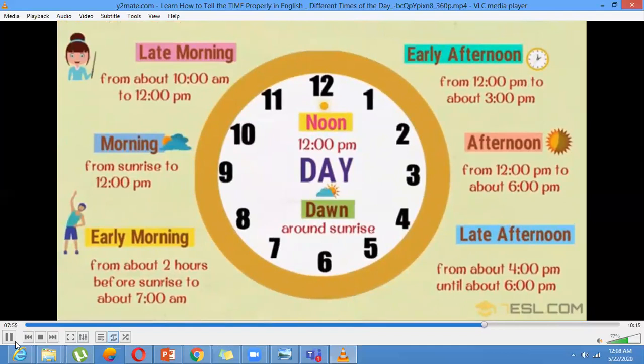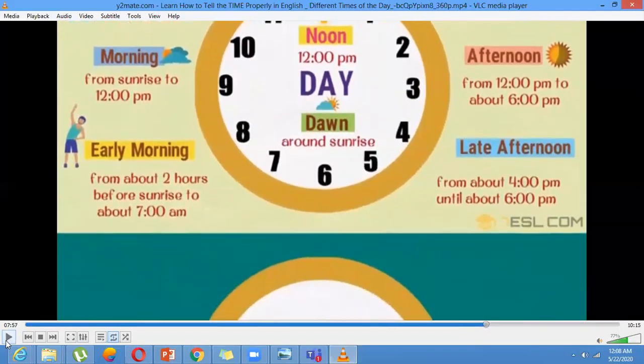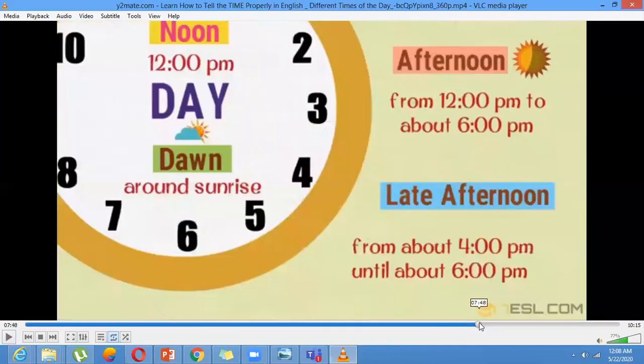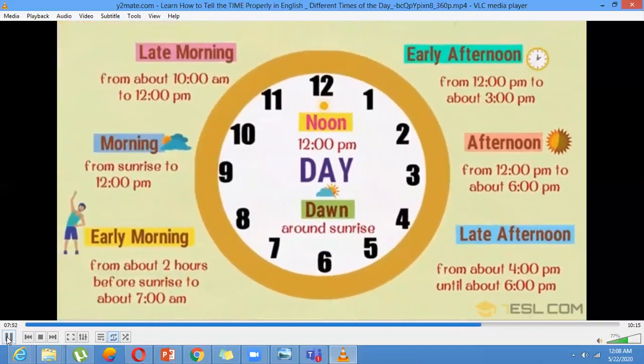Now you see the whole day. The day starts with dawn, which is early morning, and it's 2 hours before sunrise till 7 o'clock.